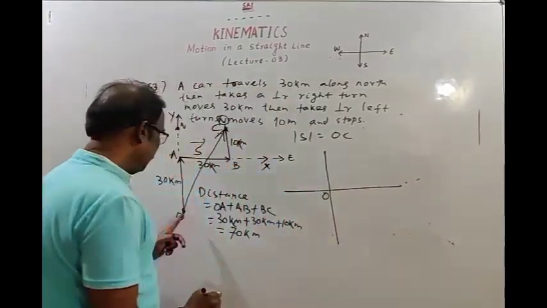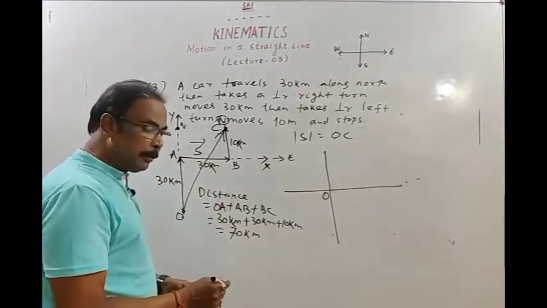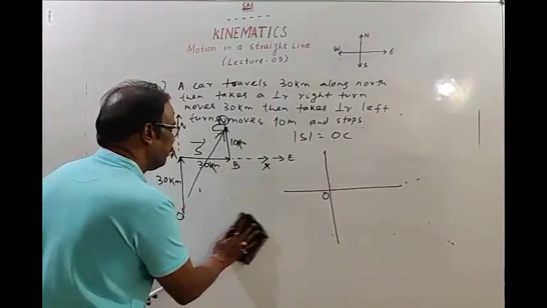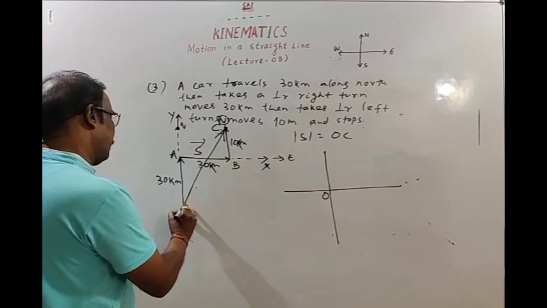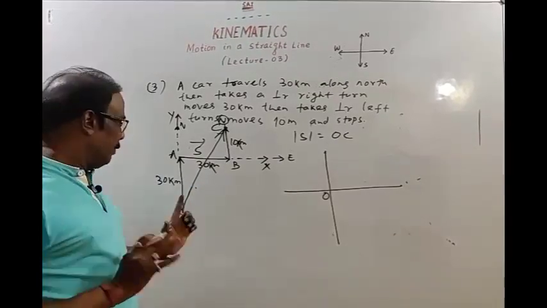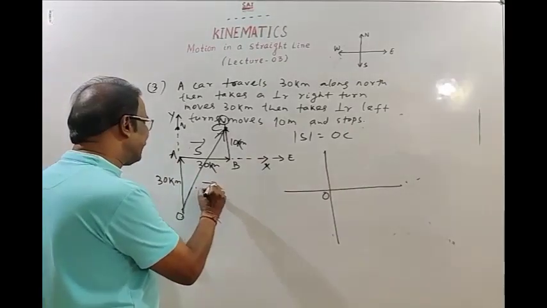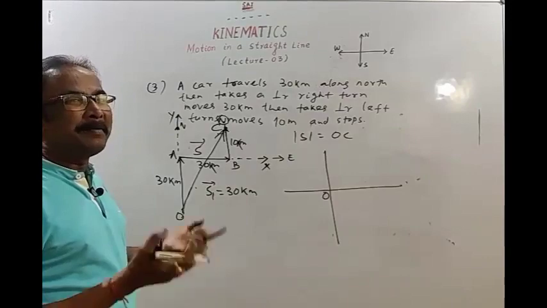This is O, the initial point of start. First it moves 30 kilometers. I moved from O to B. Then the displacement is S1, 30 kilometers. Okay. I am sitting in the car and I am moving.